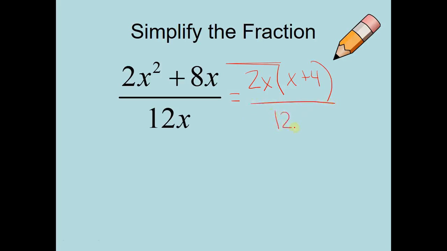Denominator is just 12x. Well, since I now am multiplying, I can simplify 2x over 12x. So it looks like our x's are going to cancel off. And then we get 2 over 12, which would be 1 over 6. Like that.